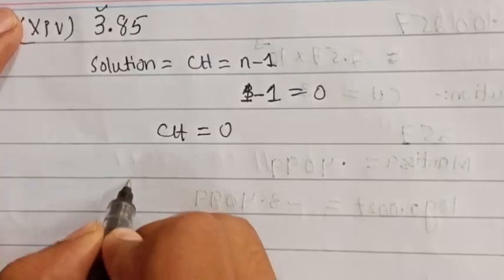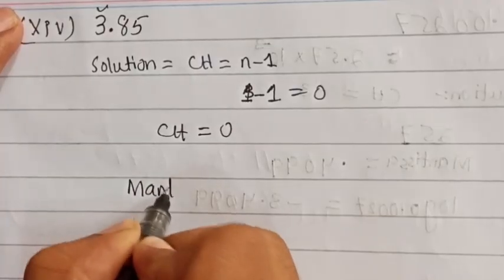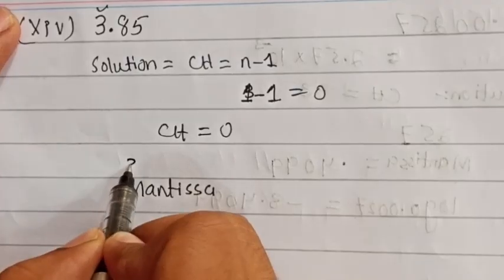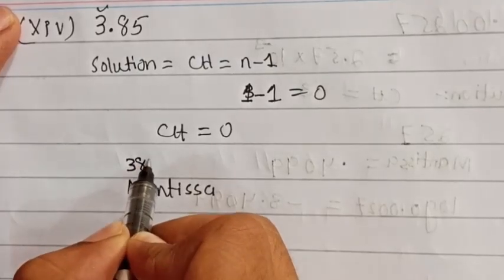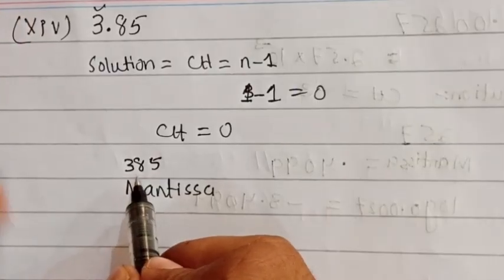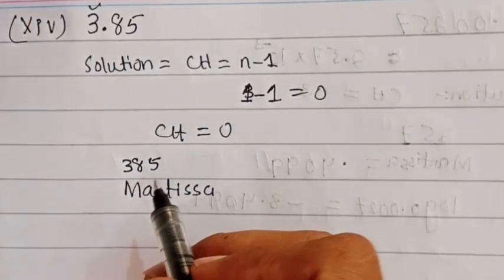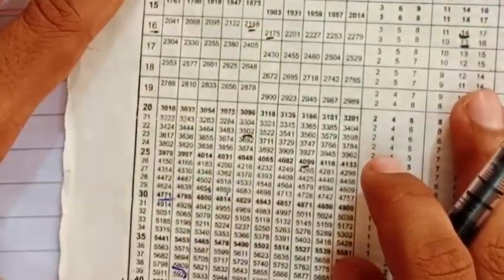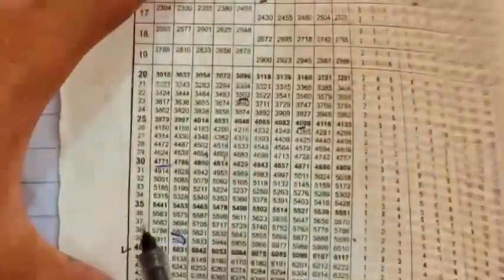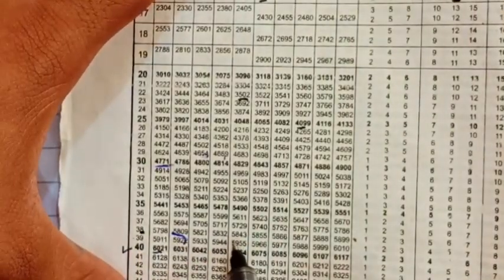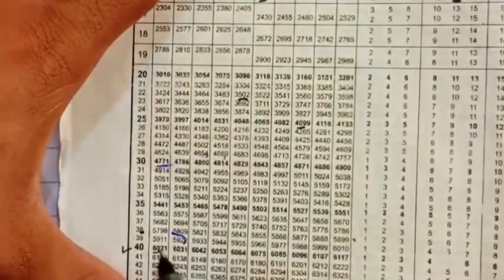So I will find out the mantissa. For finding out the mantissa, I will ignore the decimal point, that will be 385. So I will find out the value of 38 in the fifth column. This is 38. I will find it in the fifth column.